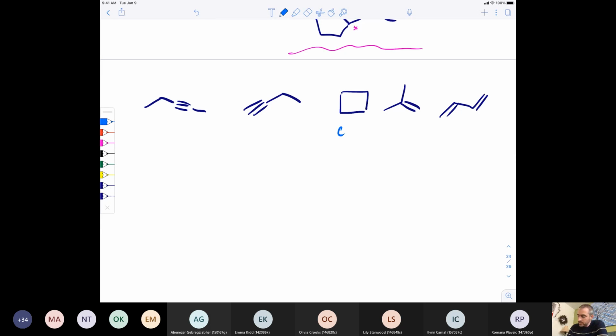So this one is C4H8. This one is C4H8. This one is C4H6. This one is C5H8. And the last one over here on the right is C4H6.